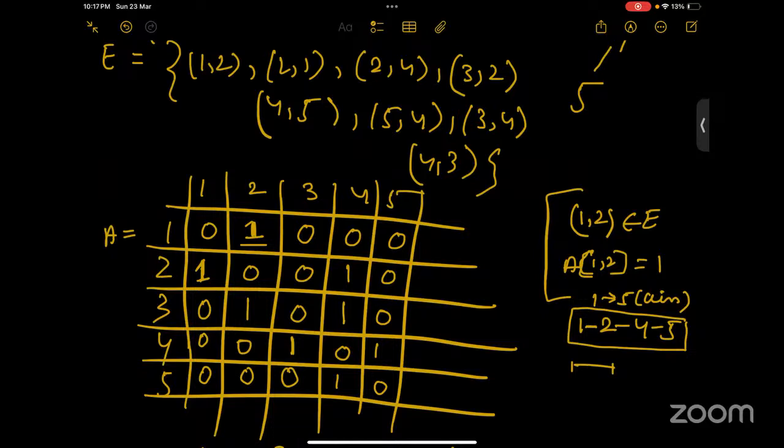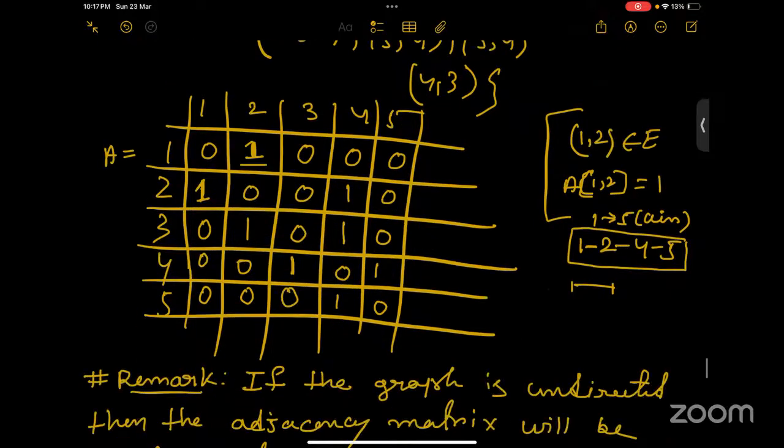That means the number of ones in the column of 2. You have to take the second column and count the ones. Correct.